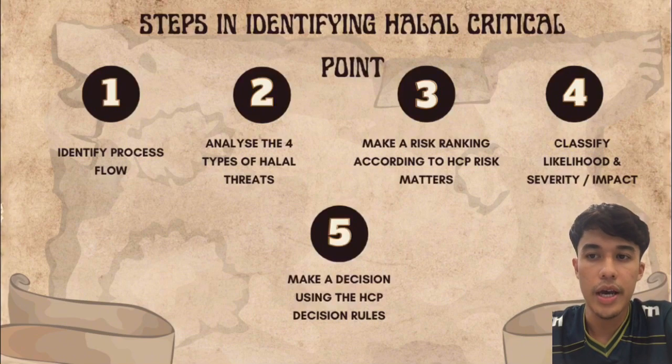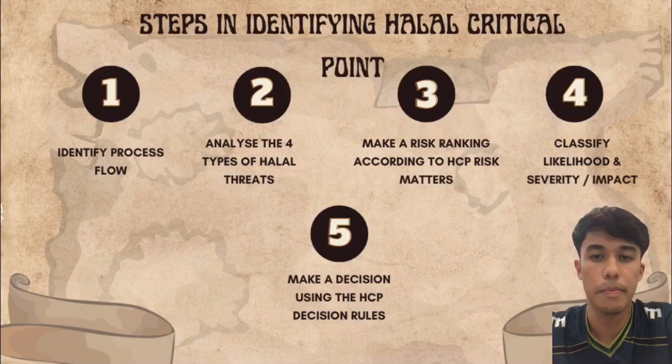Number 2, analyze the 4 types of halal threats. Number 3, make a risk ranking according to the HCP risk matrix. Number 4, classify likelihood or severity impact. And number 5, make a decision using the HCP decision rules.